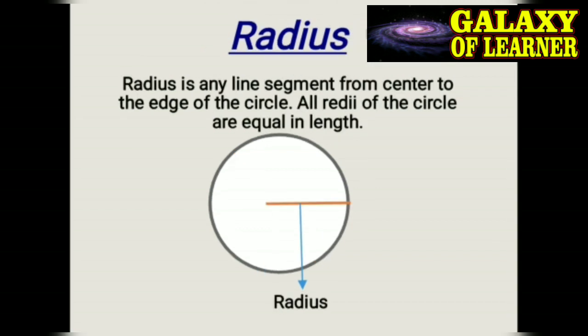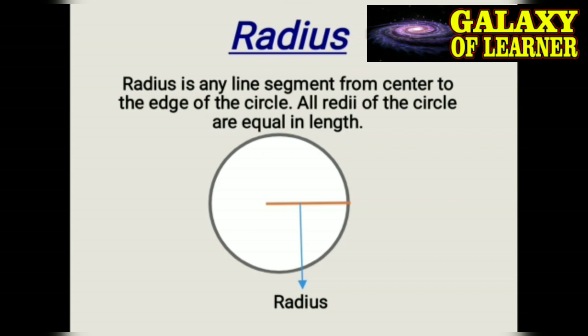Now students, next is radius. Now what do you mean by radius? Radius is any line segment from center to the edge of the circle. All radii of the circle are equal in length. You can draw as many radii as you like from the center to any point on the circle and all the radii will be the same in length.